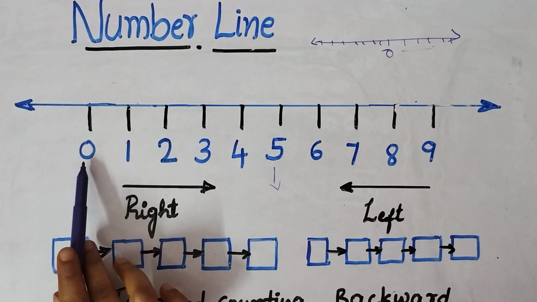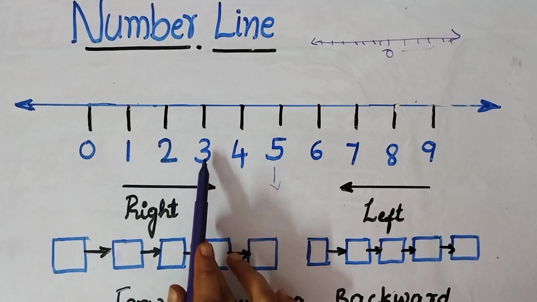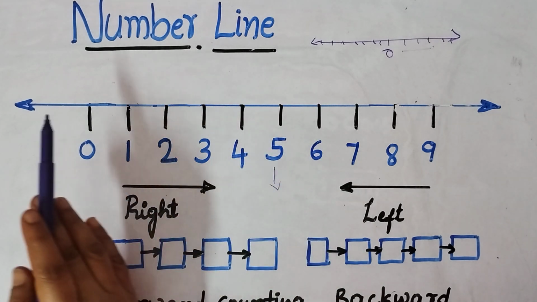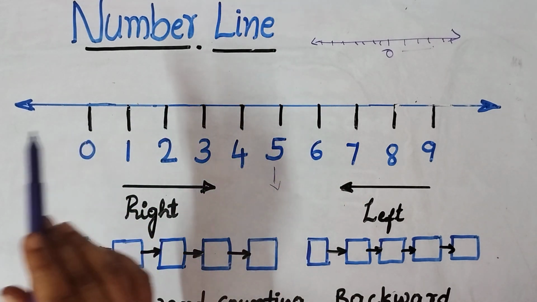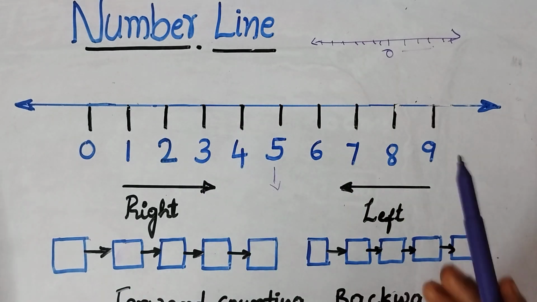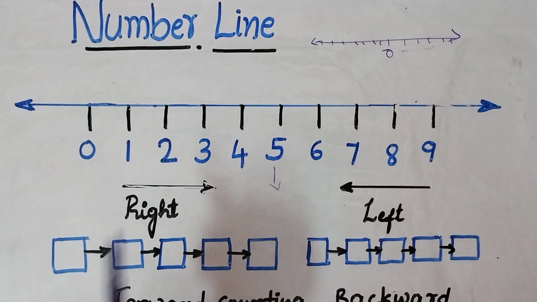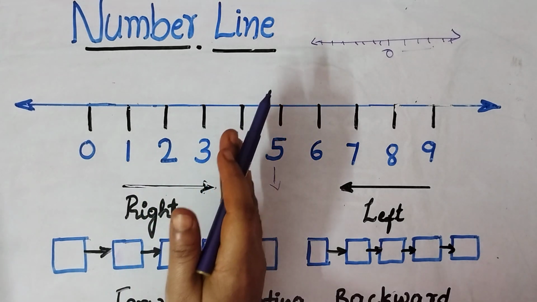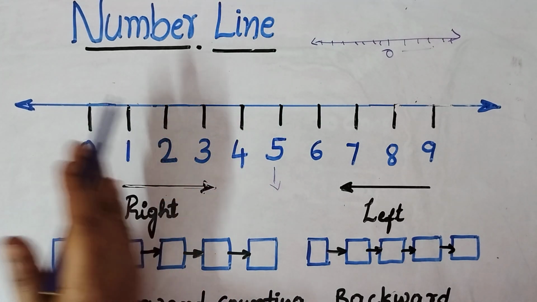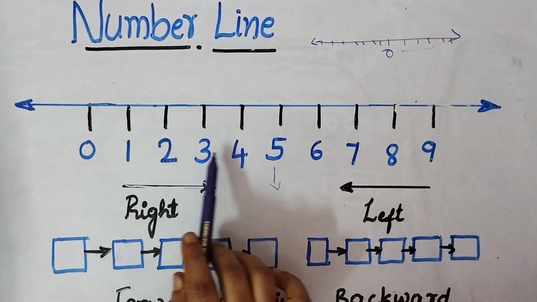Look here, 0, after that 1, then 2, 3, 4, 5. Like this the numbers increase from left to right side. I will show you like this arrow mark, the right side. So the numbers increase from left to right side, like 0, 1, 2, 3, 4, 5.